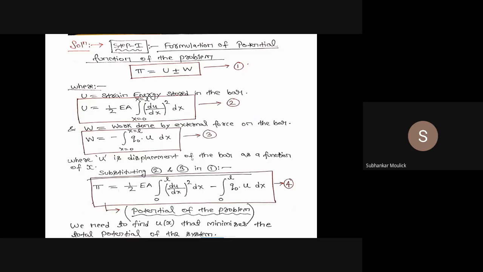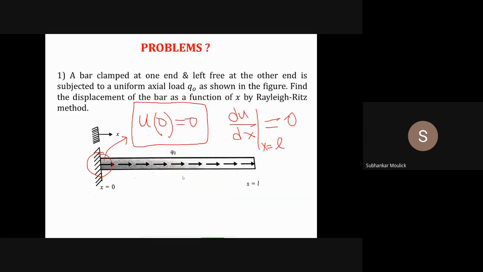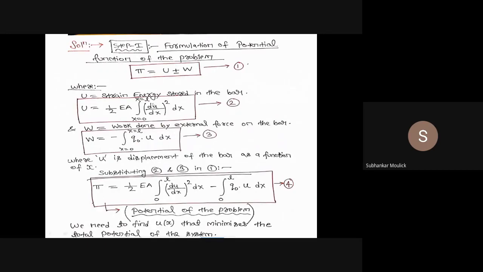Now what is the very first step in this Rayleigh-Ritz method? The very first step is formulation of the potential function for the problem. I know that the potential for this problem will be given by pi is equal to U, that is internal energy, plus external energy.